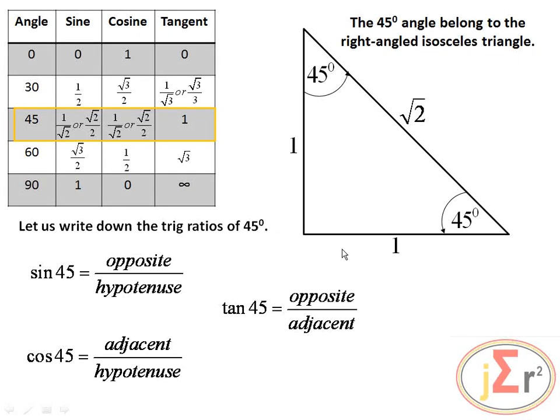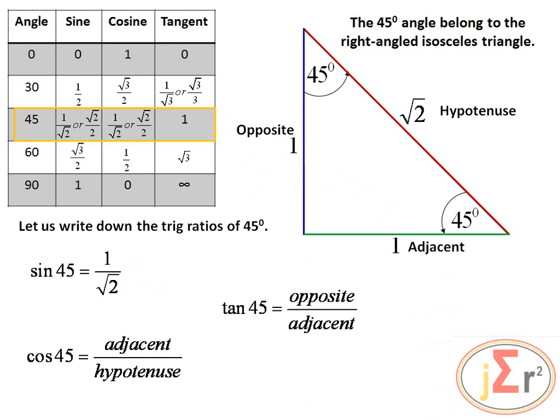But before we do that, we could label the triangle. The hypotenuse is the longest side. And since both angles are 45 degrees, it does not matter. We might just still write down an opposite. The opposite and the adjacent will be the same length. And the adjacent we have right there.